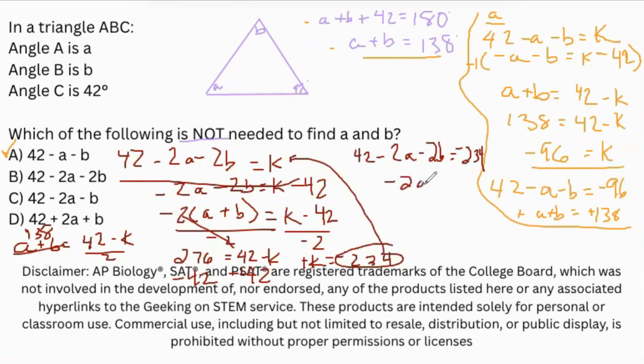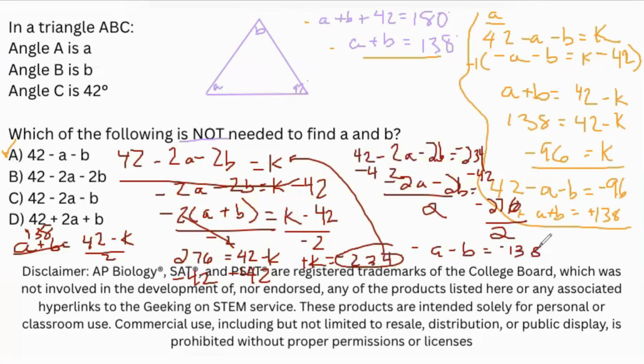Negative 2a minus 2b. Bring that 42 over, so minus 42 minus 42. This is going to give you negative 276. Divide everything by 2. When I do that, I get negative a minus b equals negative 138. Now remember, it has to be plus a plus b equals 138. So I'm multiplying everything by negative 1, and that gives me a plus b equals 138. So b also works as well.